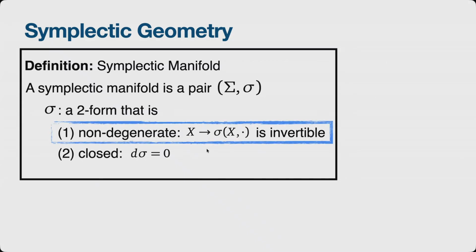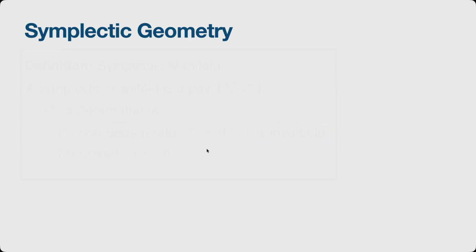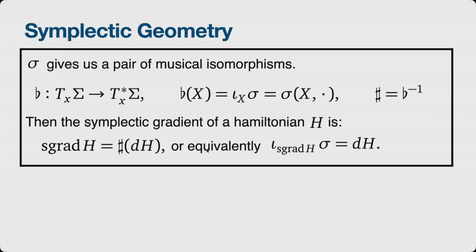Okay, let's talk a little bit more on the non-degeneracy condition of the symplectic two-form, as well as the Hamiltonian flow that it will give us. So sigma will give us a pair of musical isomorphisms. A musical isomorphism is just a map between vectors and covectors, and covectors and vectors. For starters, it will first define the flat operator.